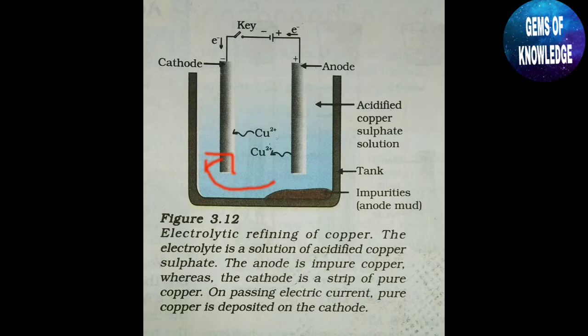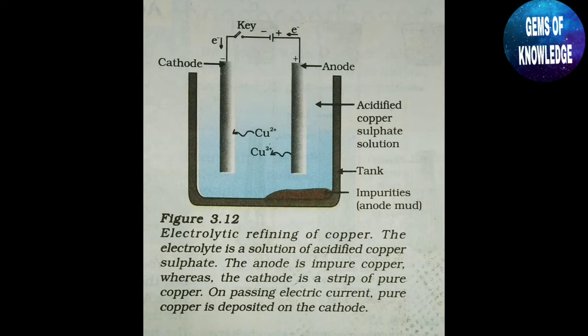So whatever pure metal is there in the electrolyte is deposited at the cathode. The insoluble impurities present in this electrolyte settle below the anode, and that is nothing but called anode mud.